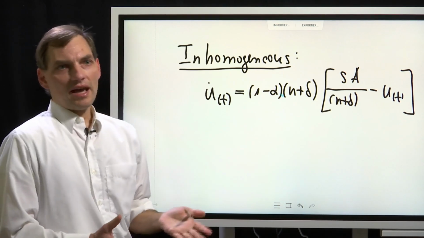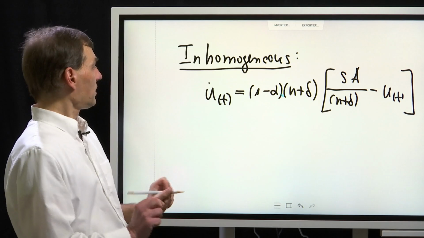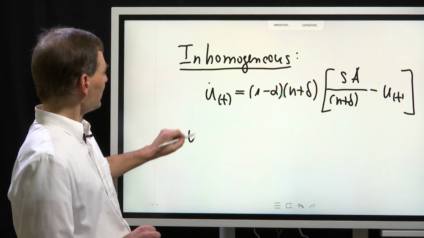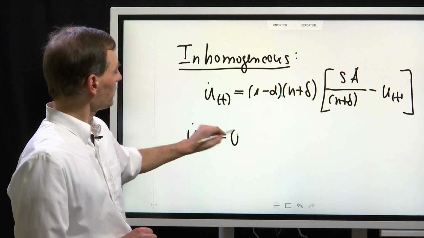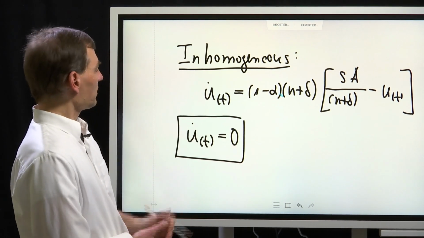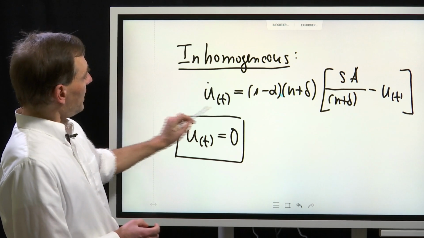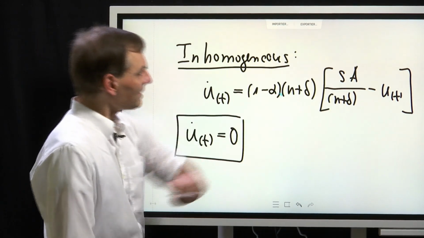And the theorem says, in order to solve this equation, we just have to look at one point. And the point we are studying is our steady state. It's the point where u dot of t is equal to 0. This is our steady state point. So I plug in here on the left-hand side 0. Now we have to see, when is the right-hand side 0?